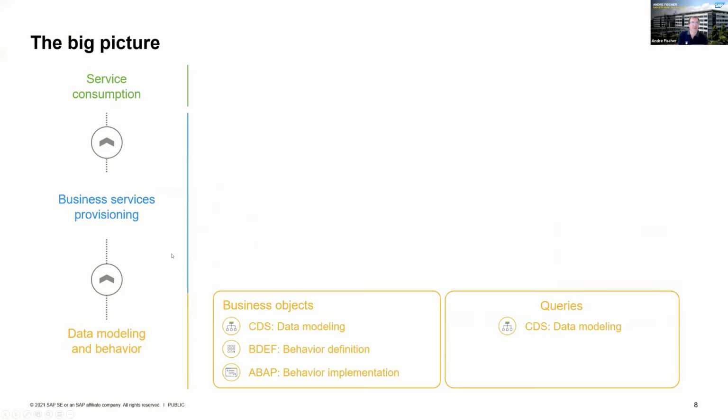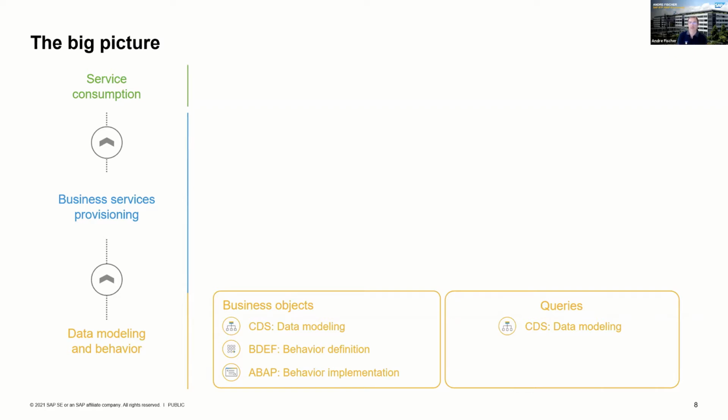So we start when building a business object using the ABAP RESTful programming model. The data modeling is done in CDS. That means those of you that have never built a CDS view before should now start to do so, and you can do this later on in the hands-on. So this is new compared to, let's say, on-premise development in the business suite.